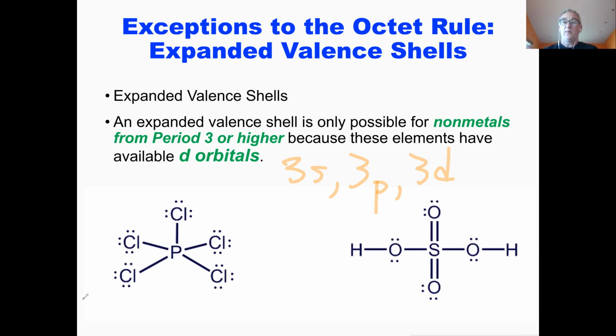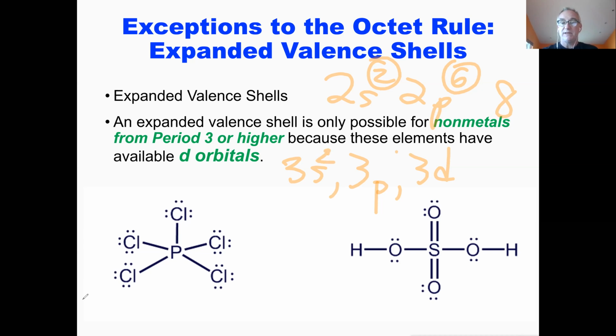With period 2, we only had 2s and 2p, 2s2, 2p6. There were only 2 plus 6, 8 places to put electrons. That was the total number of spaces they could put electrons. When we add another shell, now we have 3s2, 3p6, 3d10. We've got a lot of places to put electrons now.